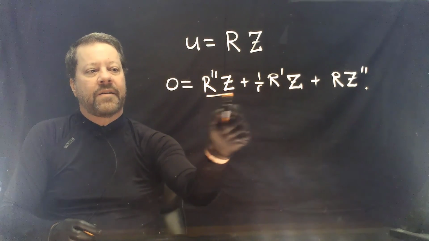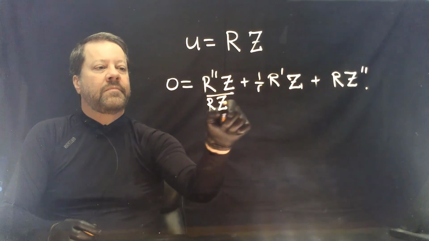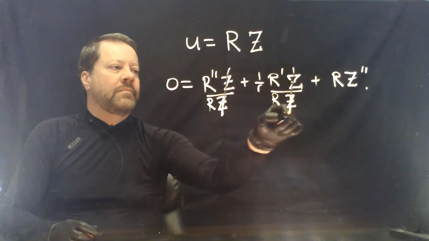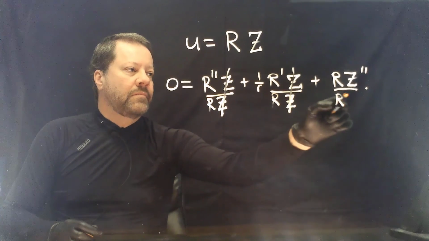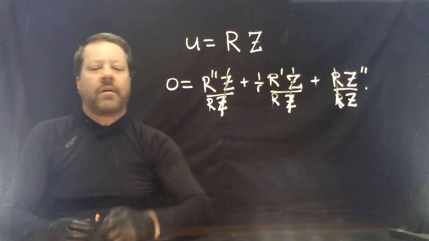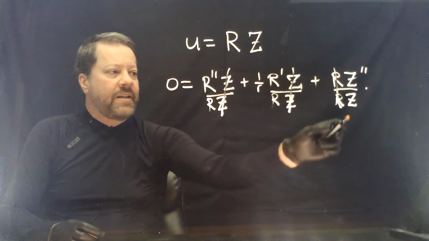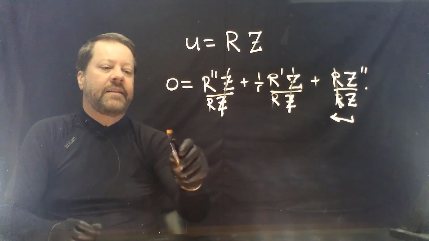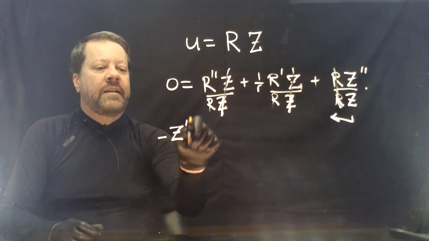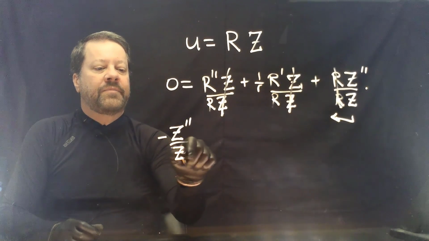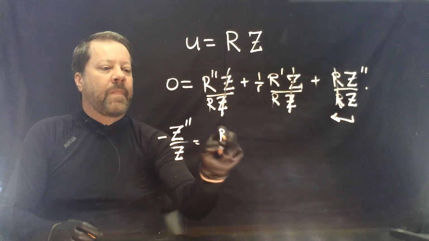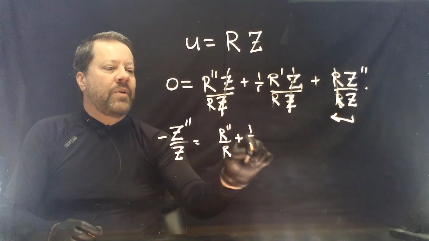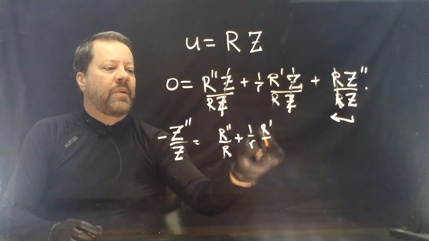Dividing through by RZ, we can see that this will be pretty easy to separate. We'll move this term to the other side. We'll get negative Z'' over Z equals R'' over R plus 1 over r R' over R.